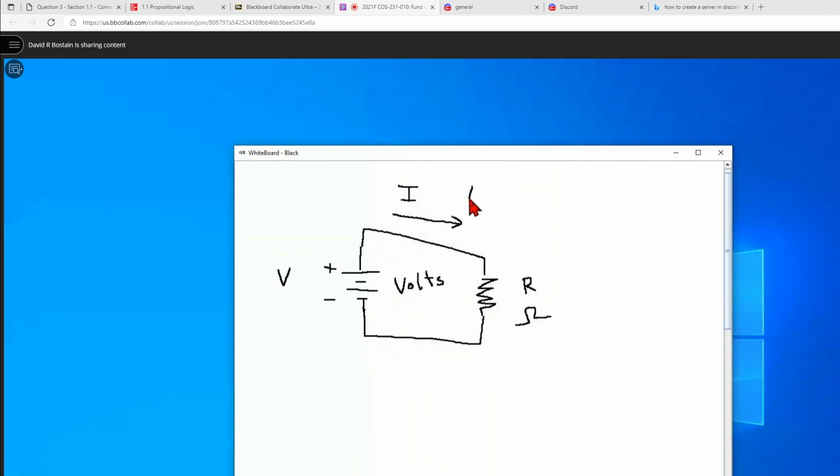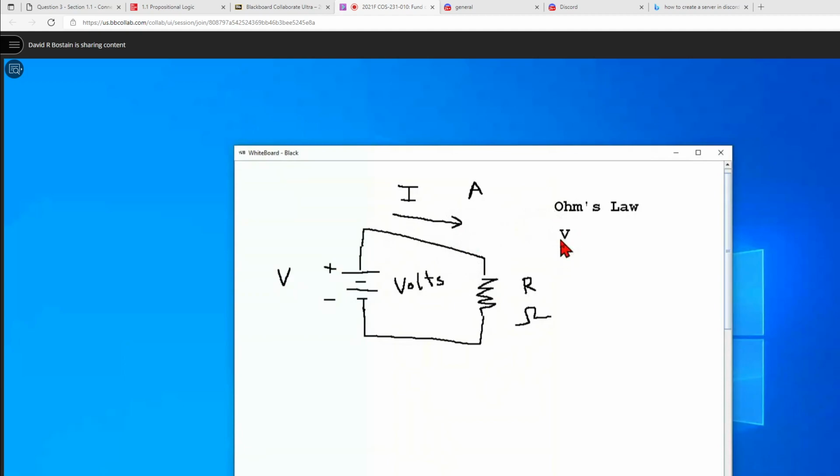and is measured in amperes, letter A, or we'll call them, for our purposes, just amps, A-M-P-S, is the actual flow that's going on through this resistor. And it turns out there's a relationship, and the relationship is called Ohm's law.